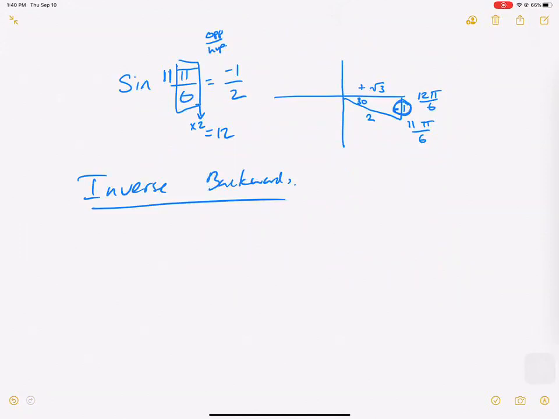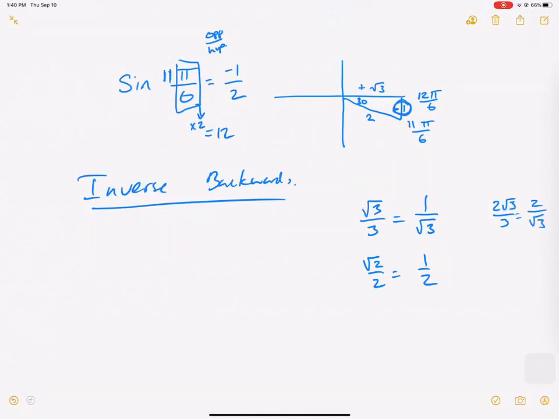A couple things I need to make sure you see: if you ever see square root of 3 over 3, this is really 1 over square root of 3. Square root of 2 over 2 is really 1 over square root of 2. Sorry, I miscopied it. Make sure you rewrite them. Life will be 1,000 times easier. If you see 2 square root of 3 over 3, that's actually just 2 over square root of 3.